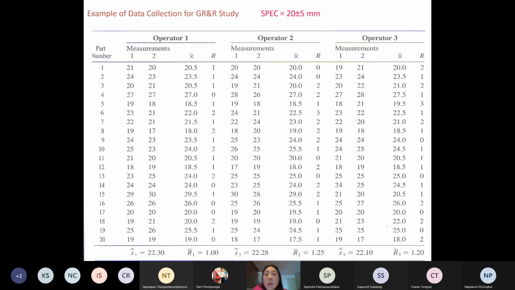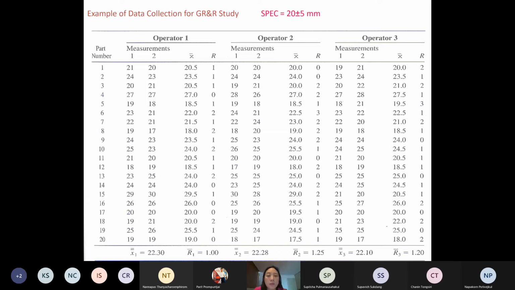In this table, we are just concerned about the precision. Precision means giving consistent results. So we compare the consistency of results among each operator and across operators. That is called repeatability and reproducibility accordingly.